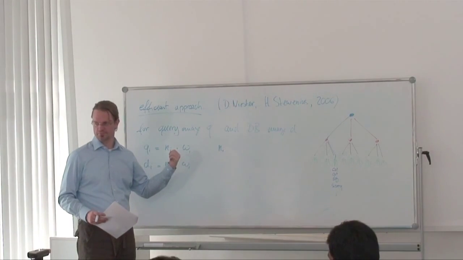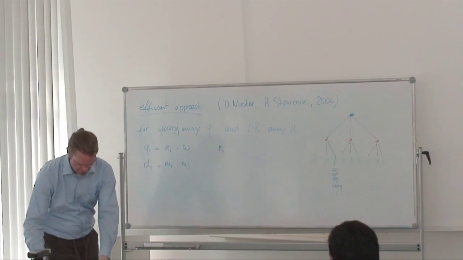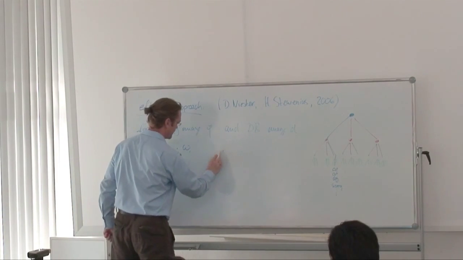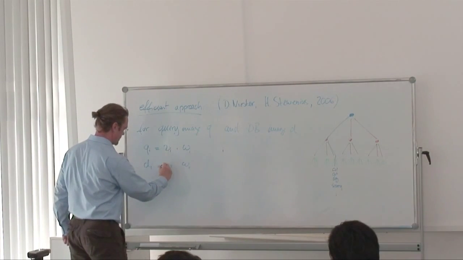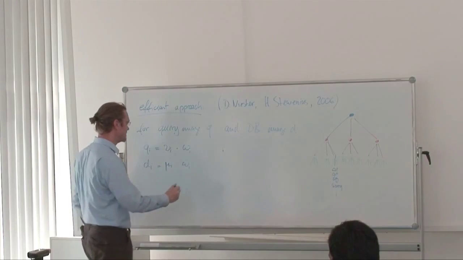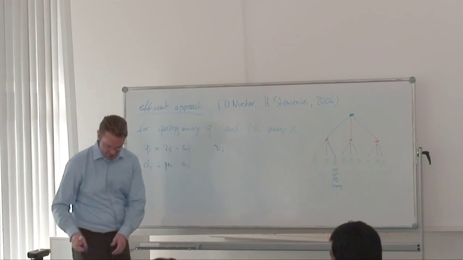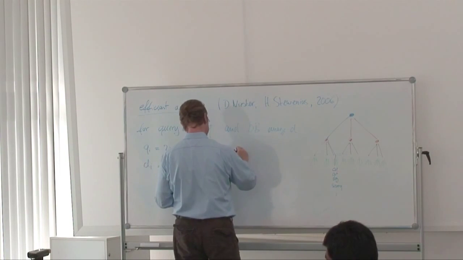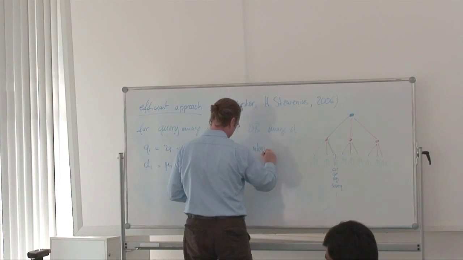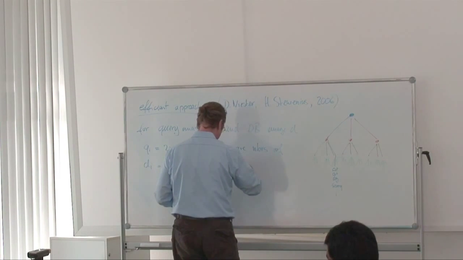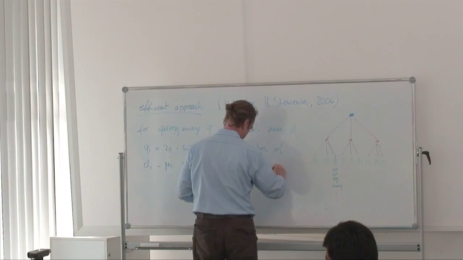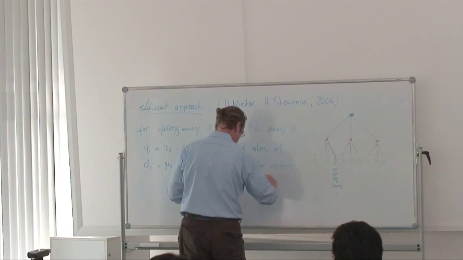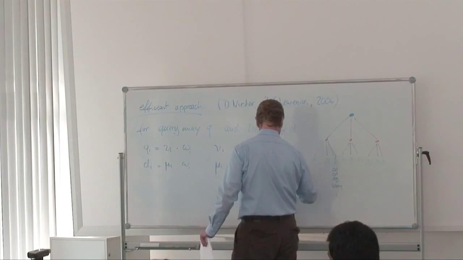I should have used a different letter here, since I used n_i on the previous whiteboard. All right, I can still correct that. So n_i and m_i are numbers of descriptor vectors of Q and D respectively.